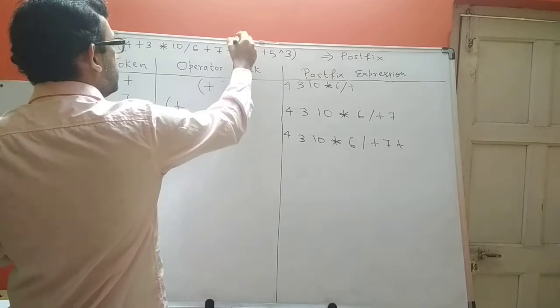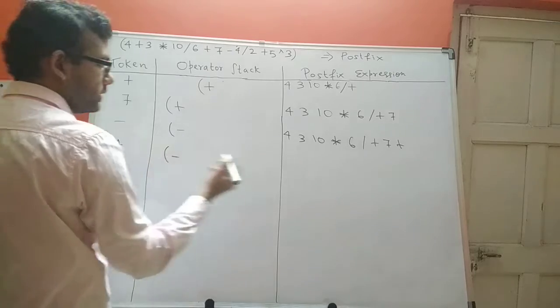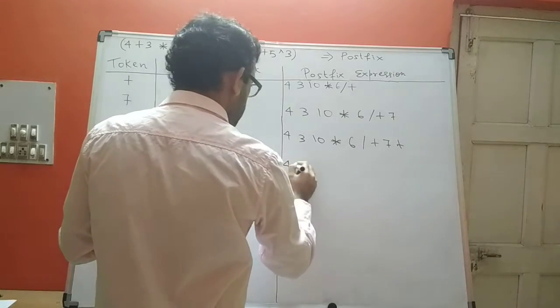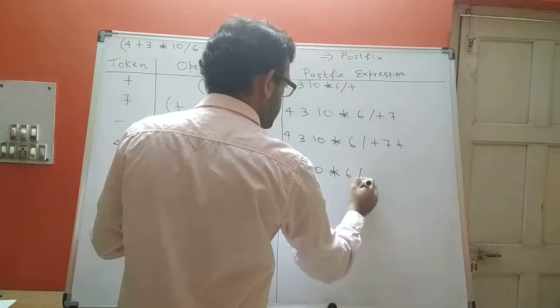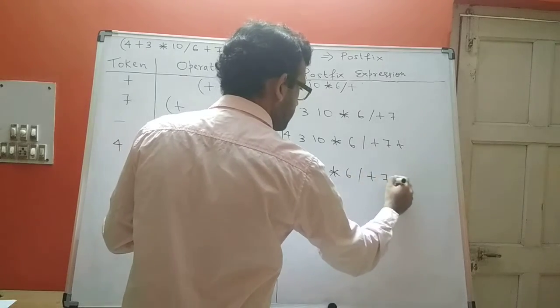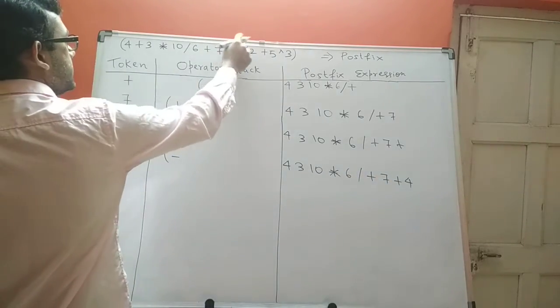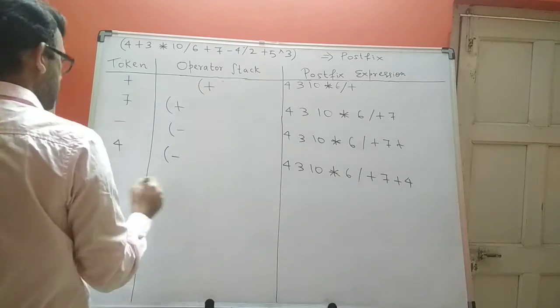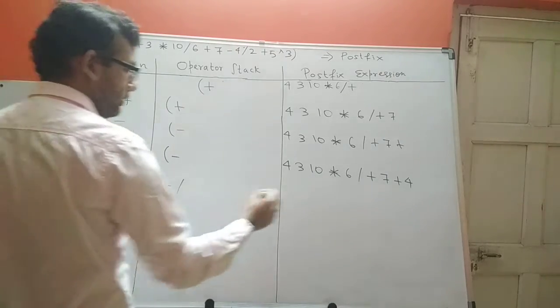Next is 4. 4 is an operand, so I'll add it to the output. So 4, 3, 10, star, 6, divide, plus 7, plus 4. Next is division. Division has greater precedence than minus, so it can be above minus.